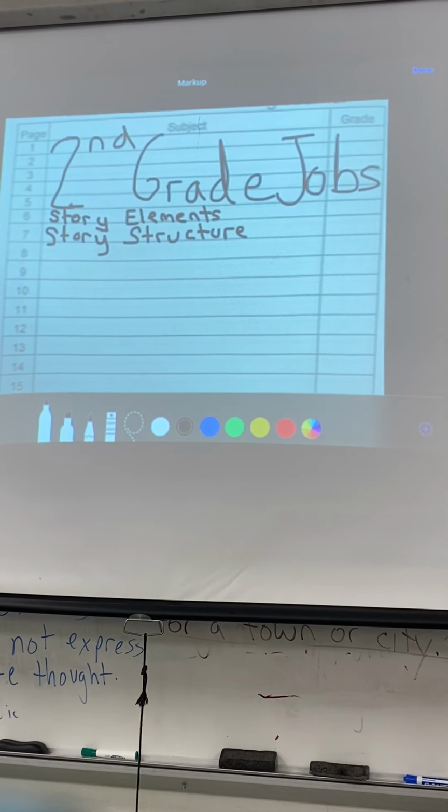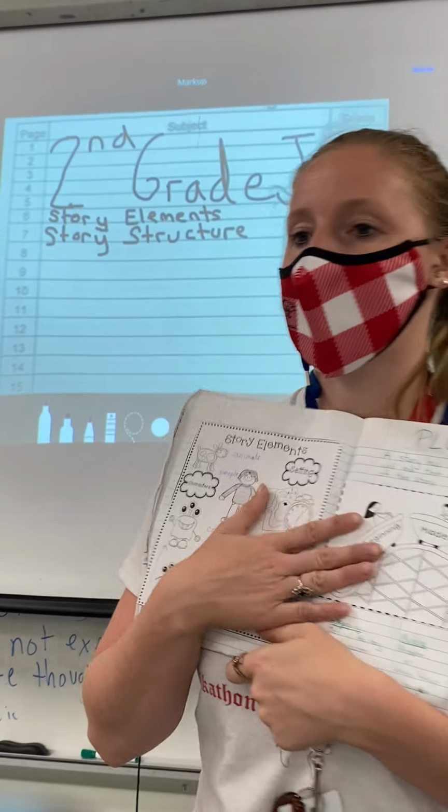Story structure. Everything I am writing, if you don't have your reader's notebook, will look exactly like mine. If you have your reader's notebook, you will check your pages and make sure that it lines up with mine.